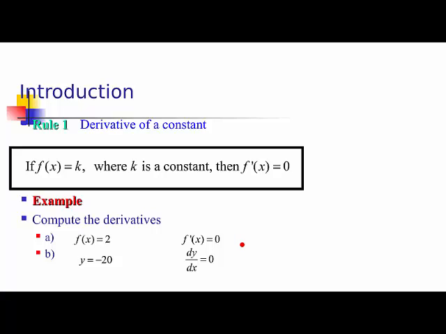And when we differentiate that particular function, we should get a 0, because the rule says that if f(x) is equal to k, where k is a constant, then f'(x) is equal to 0. Is this rule clear? It seems to be easy, right? We all know that when we differentiate a constant, we get 0.